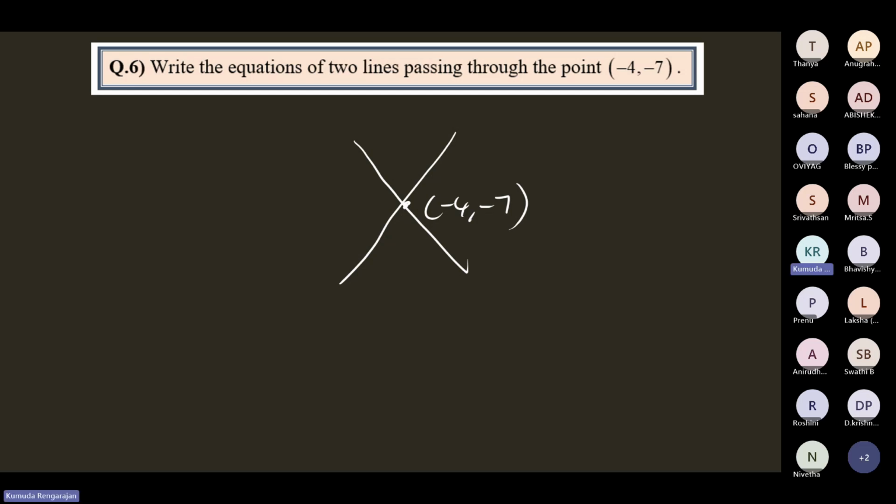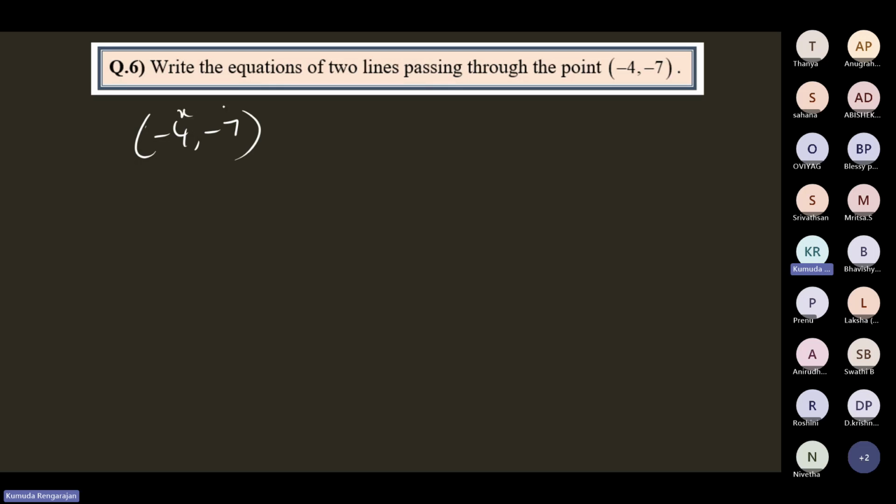So for that, what you do is add the 2 numbers. Now, what is this? -4, -7. This is the x value, this is the y value. When you add the x and y values, what do you get? x plus y is -11.